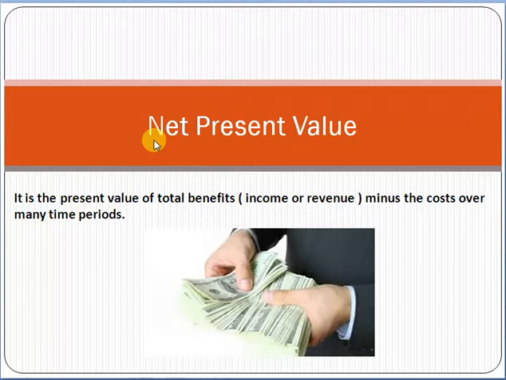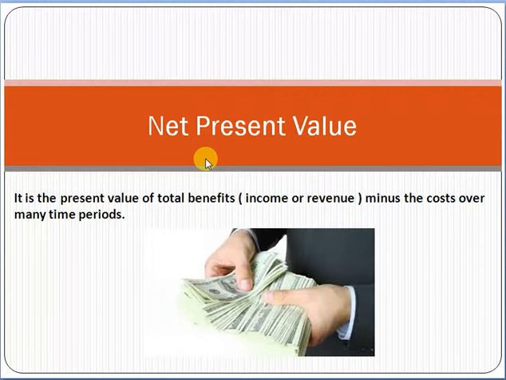So what is basically a net present value? If we see the definition, it is the present value of the total benefits, income or revenue minus the cost over many time periods. Friends, this is just a definition. Just remember these three words: net present value. Net means what is remaining after cutting all your expenses, all your costs.